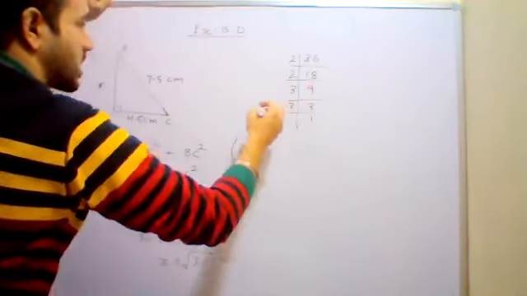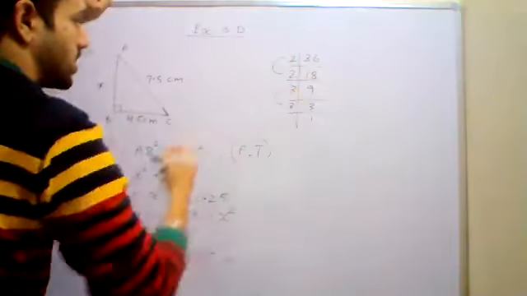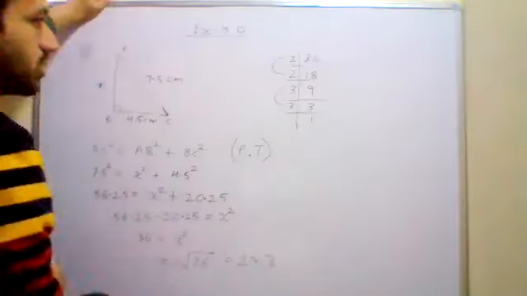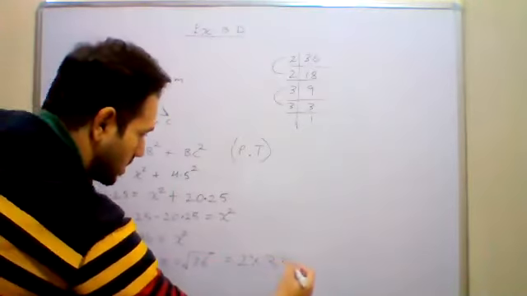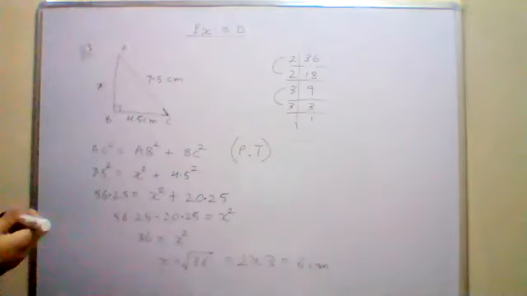So you can see in the factors of 36, there is one pair of 2 and one pair of 3. So only one time you will write 2 and one time you write 3. 2 into 3 is equal to 6. 6 centimeters is your answer. Got it, everyone? So done.